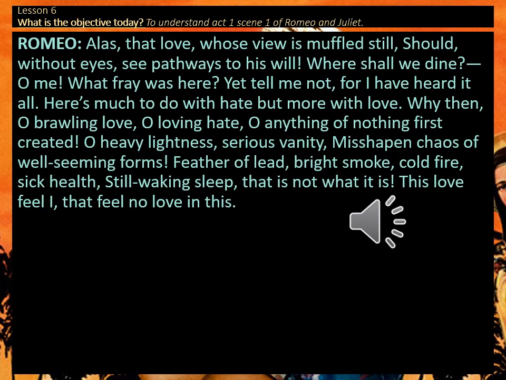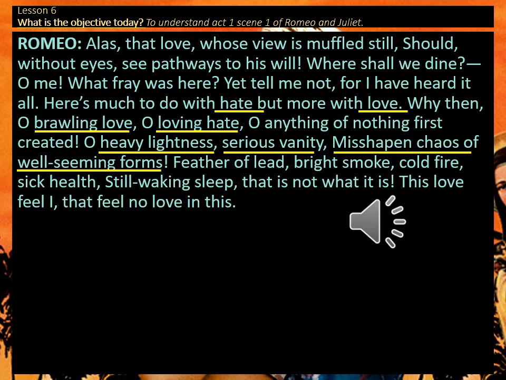So you can see as we draw attention to some of the phrases that Romeo uses in this speech, it is full of contradictions, full of opposites. He's got hate and then love. He's got brawling love, so that idea of fighting right next to this idea of love. Loving hate, heavy lightness, serious vanity, something that's not so serious versus something serious.